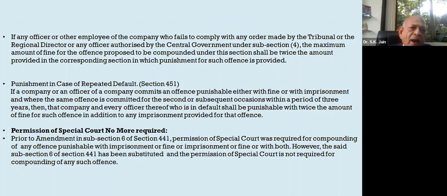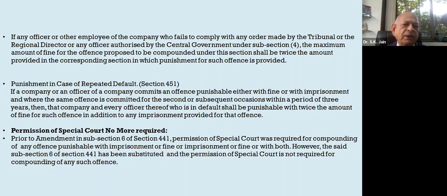If any officer or other employee of the company fails to comply with any order made by the tribunal, the regional director or any officer authorized by the central government, then the maximum amount of fine for the offence proposed to be compounded in this section shall be twice the amount provided in the corresponding section. So in case of non-compliance, the compounding fee will be twice.